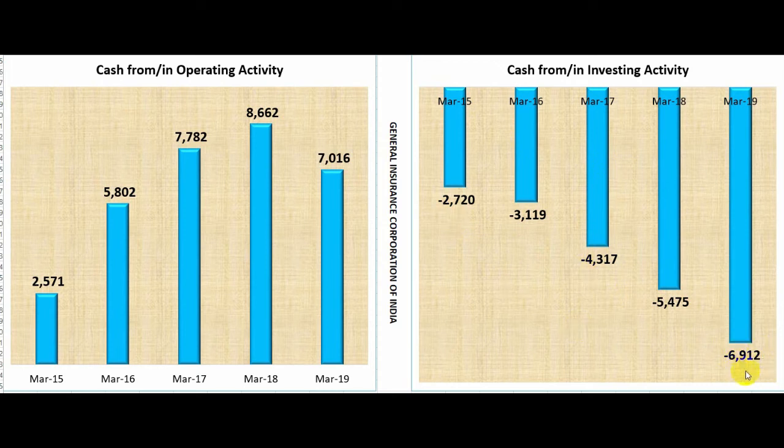But what we need to take care of is that the investing portion should not exceed what cash the company is earning through operating activity. If the company's investing activity increases more than what it is earning in cash, that means the company is borrowing more money to fund its investing activity. So this is okay, because in March 19 the company had earned 7,000 crores. Of that, 6,900 crores has been invested.